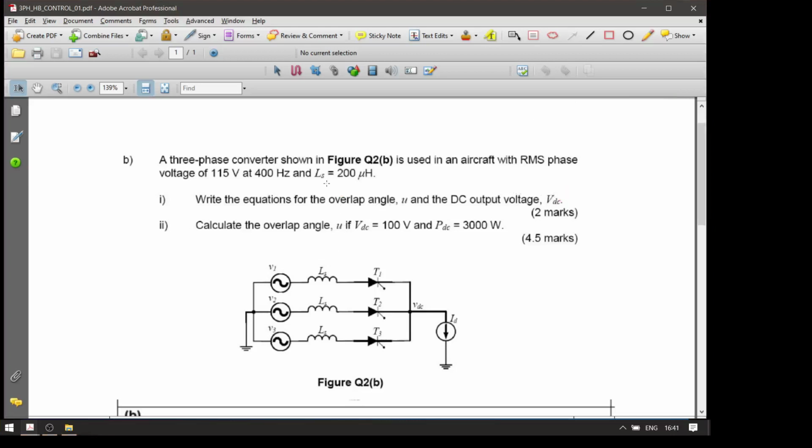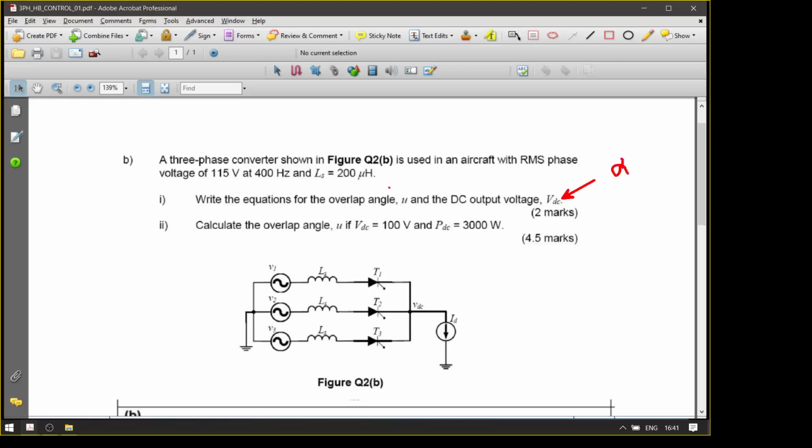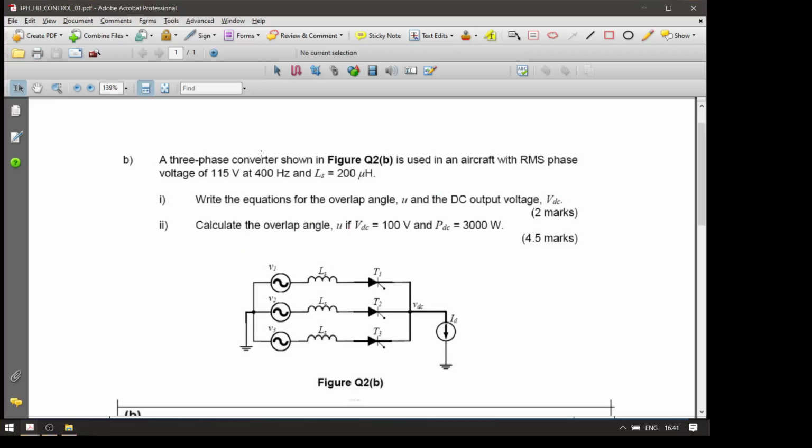Here we have a controlled rectifier, therefore your VDC equation must have an alpha. That also applies to U, so you also need to have an alpha in the equation. Write the equations, and for number 2, you just apply. So now is the third level, calculate.